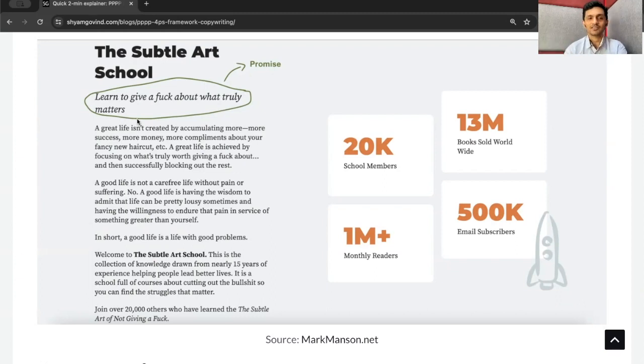So he's giving you the promise. Learn how you can give a fuck about what truly matters and nothing else, right? That's the promise that he is giving in the beginning of the sales landing page. So in the 4P framework, that's how you start. You give the promise straight away, right? What does the reader get by reading further?